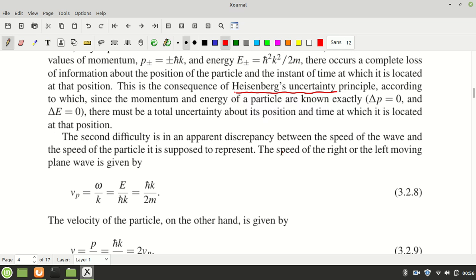As we have discussed earlier also, the Heisenberg uncertainty principle says if there is no uncertainty in the momentum, the position is completely uncertain, or if the energy is completely certain, then the time is completely uncertain.